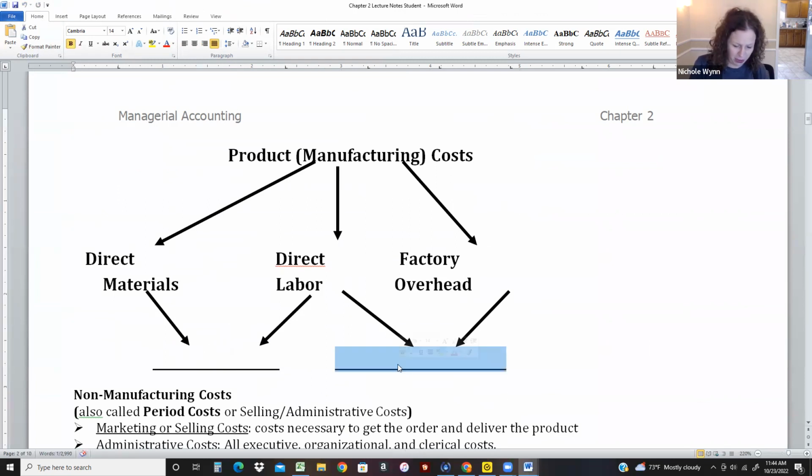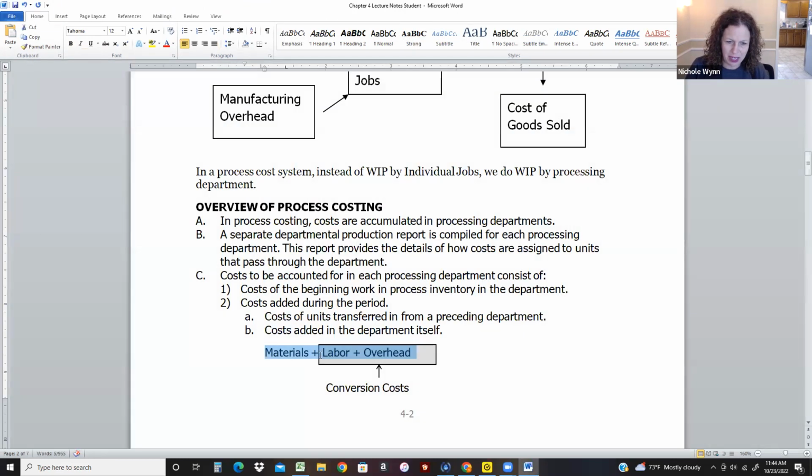But this blank right here that you filled in when you did the first chapter was conversion costs. So direct labor and overhead combined are called conversion costs. What we're going to keep track of in this chapter is we're going to lump together labor and overhead and call them conversion. So we're going to have materials coming into each department, and then we're going to convert them to get them ready to go to the next department.